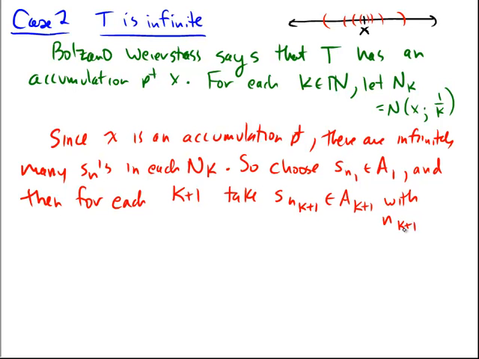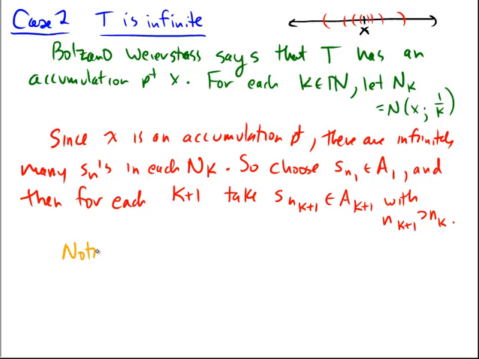So I'm just going to make sure that n_{k+1} is bigger than n_k. And notice this is always possible because there are infinitely many sequence terms inside of N_{k+1}. So we just have to make sure we go out far enough and then we finally hit one that we want. Okay, what does that mean?